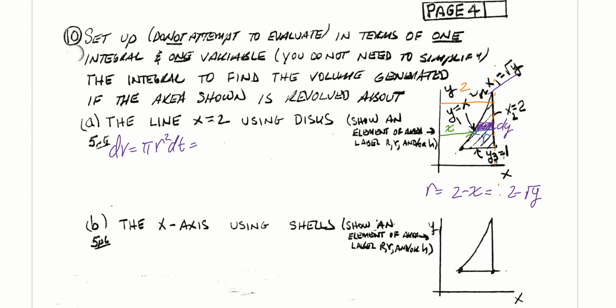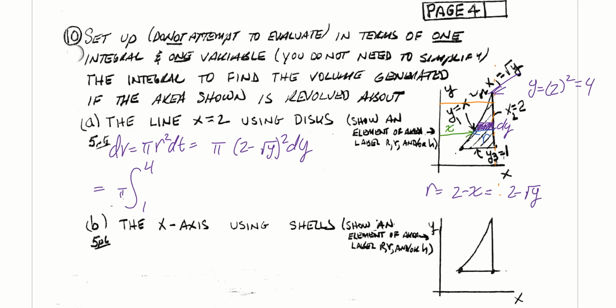So we can plug this in for our r, pi times 2 minus the square root of y, squared, dy. Now we need to set this up for our limits. It's going to be from y equals 1 to 4. We can just plug in x equals 2 into y equals x squared to get that. It's going to equal 4. So we can do 1 to 4.